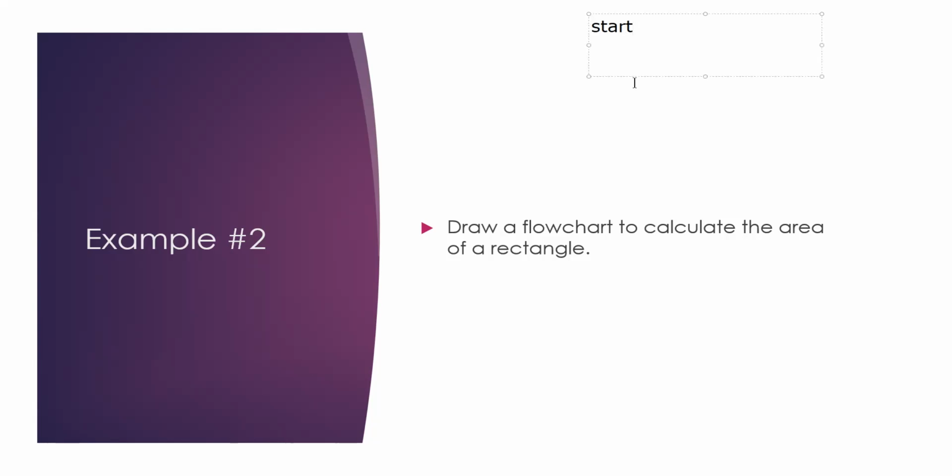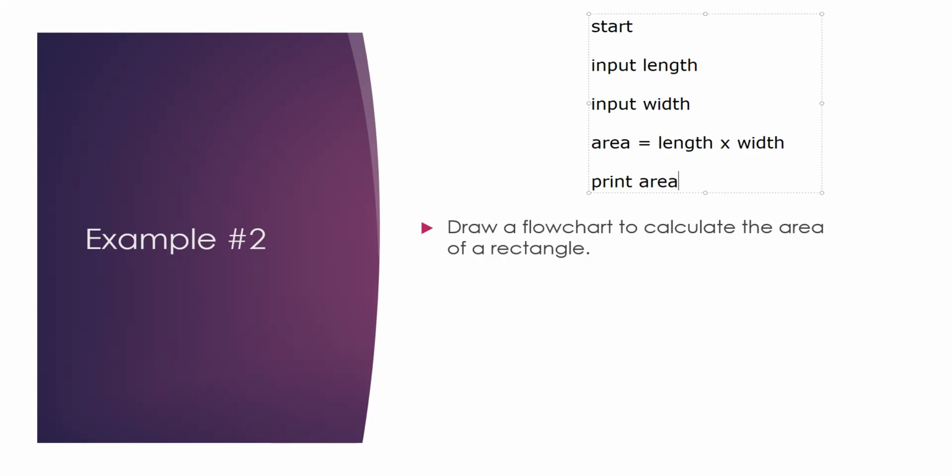And then we can say input length, input width, and we can say area equals length into width. Then we can say print area. I'm going to put it somewhere here because otherwise it will get stuck with this one.